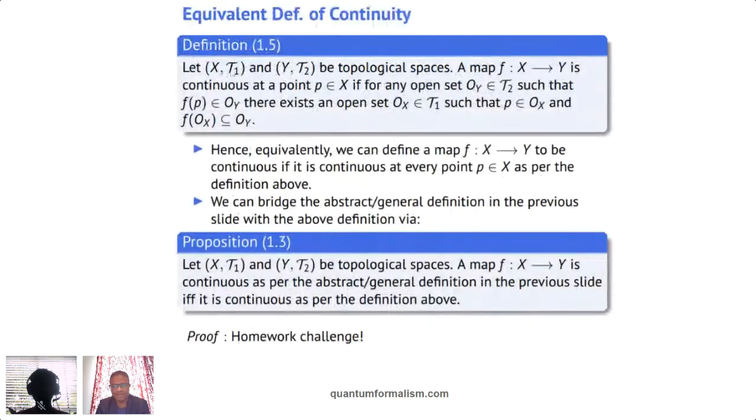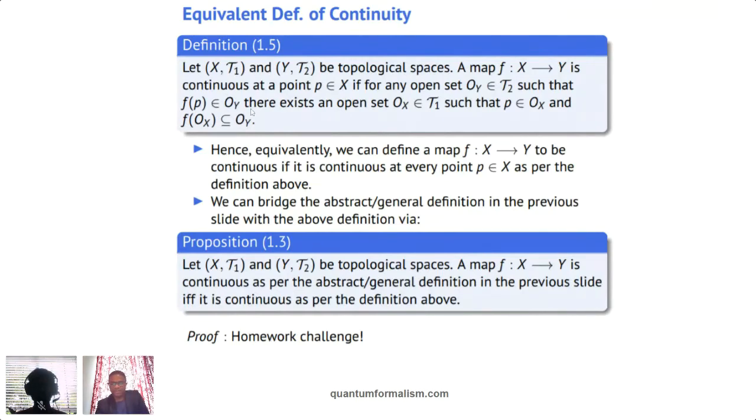Here's the definition. F is continuous at a point P if for any open set in the target space containing the image of P, there exists an open set in the domain space, that's why I'm labeling it OX, in the first topology, such that the point is in that open set, and the image of that open set is contained in the Y open set.